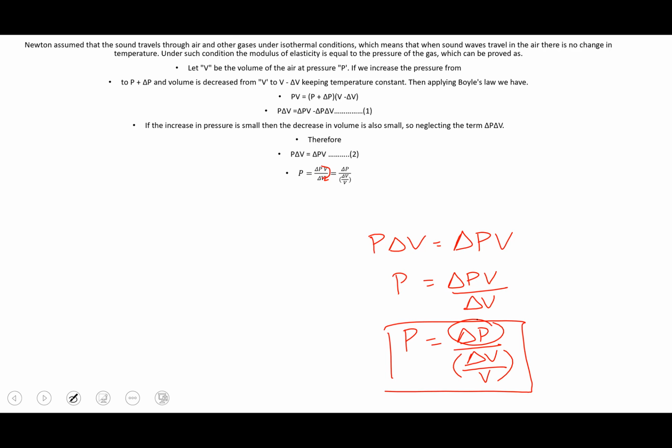Because we can see that delta P can be represented as force per unit area, and delta V over V is the change in volume divided by its original volume.